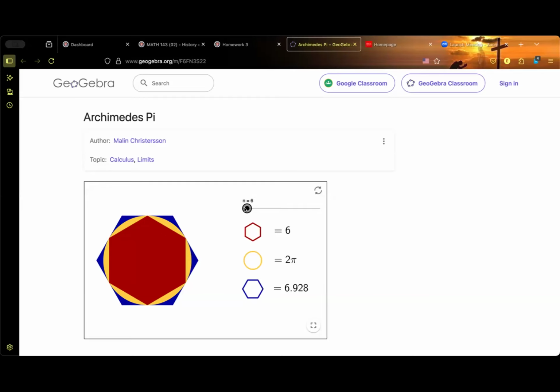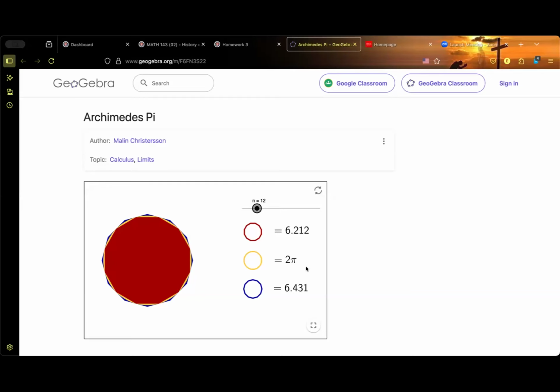So now let's try with a bigger number. Let's try with 12. Here we get a closer approximation for 2 pi. We now have a 12-sided polygon with a perimeter of 6.212 and the red polygon with a perimeter of 6.212, as I just mentioned. As the value of n increases, the approximation of 2 pi gets closer.